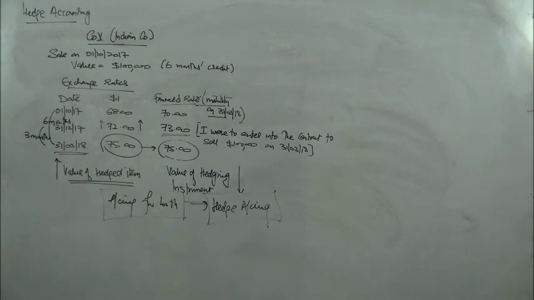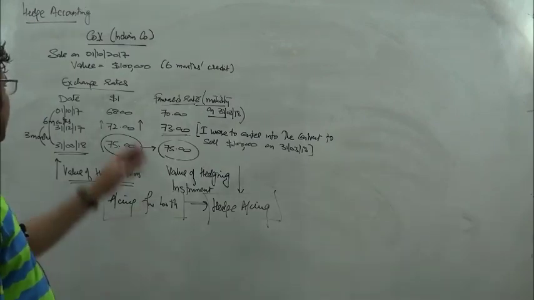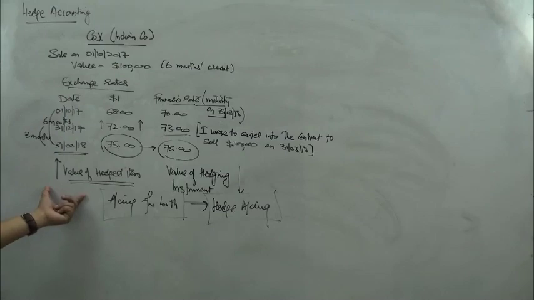Right? Now let's try to do some accounting on this part. Let's try to create some journal entries at this level and see if we can find some connect there. Let's do one thing. Let's begin with the hedged item.